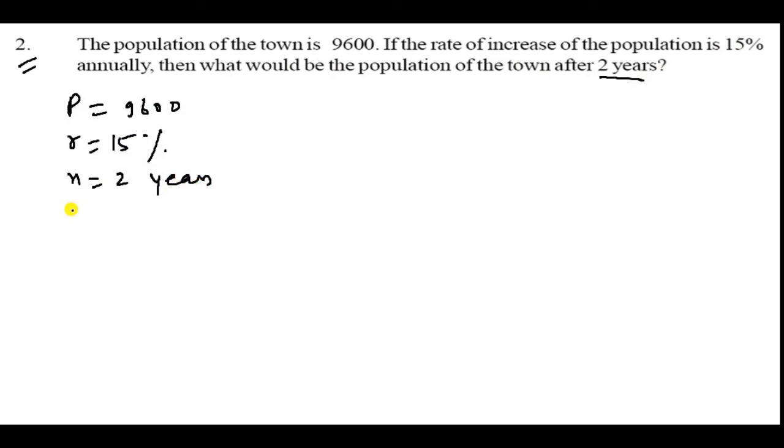That is the second. The population of the town is 9600, and the R is given as 15%. It increases, and the time period is 2 years.